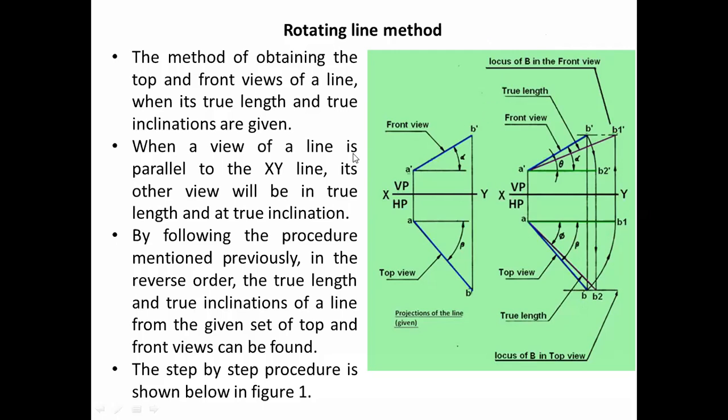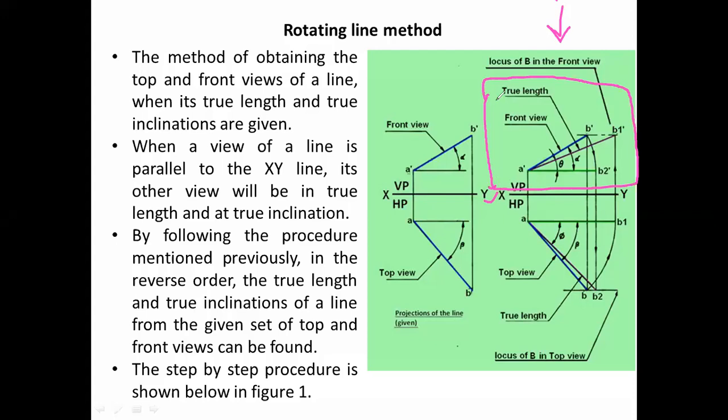The main thing you need to remember here is that if this is the solution of projection of line, and this is my XY line, then this is my vertical plane, or say front view plane. In that, what items am I getting?